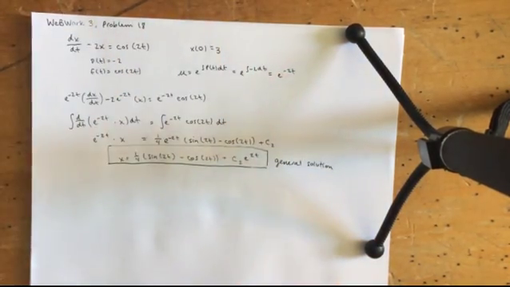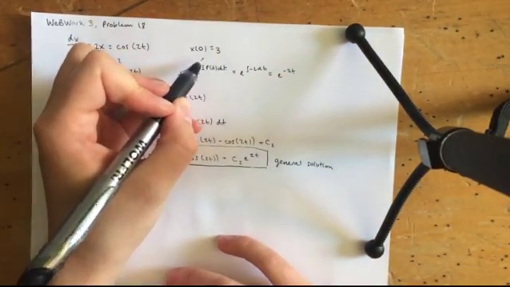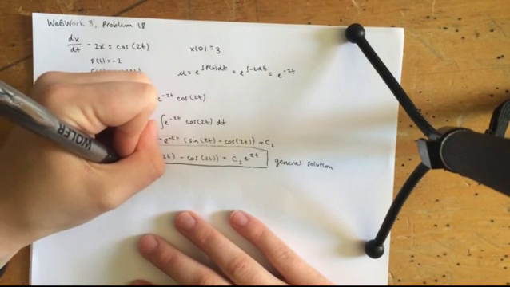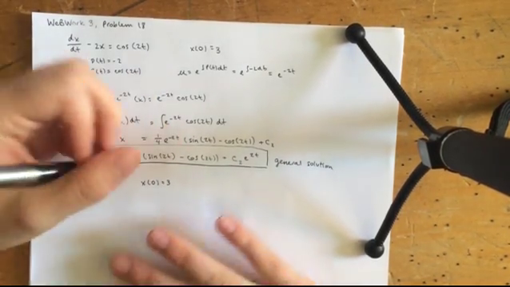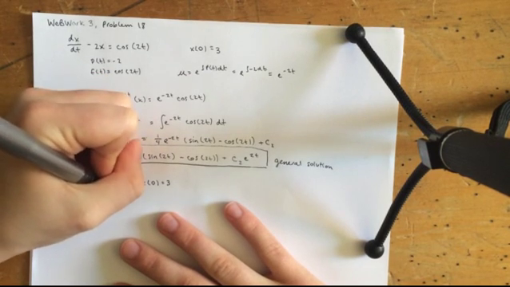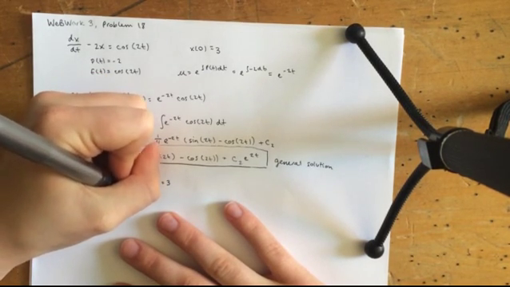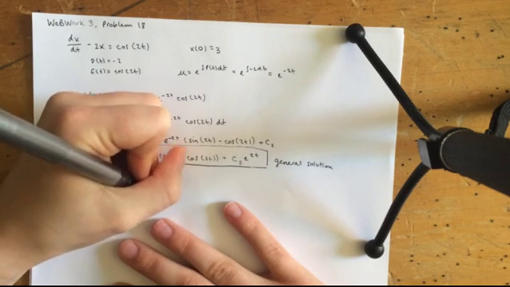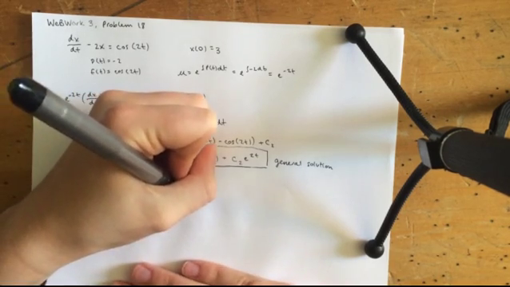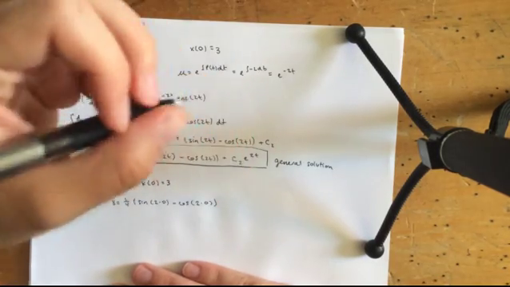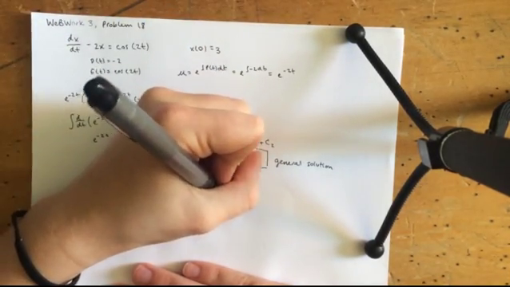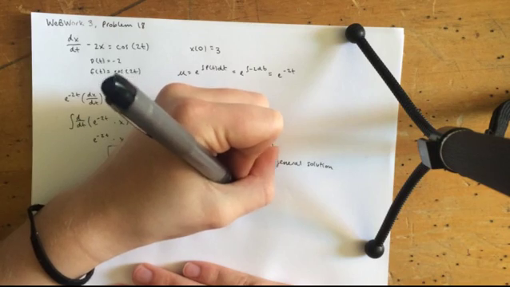But this is actually an initial value problem because we have x of 0 equals 3. So if we put x of 0 equals 3, we know that t equals 0. So 3 equals 1/4 times sine of 2 times 0 minus cosine of 2 times 0 plus c2 e to the 2 times 0.